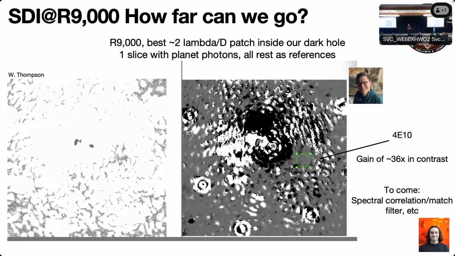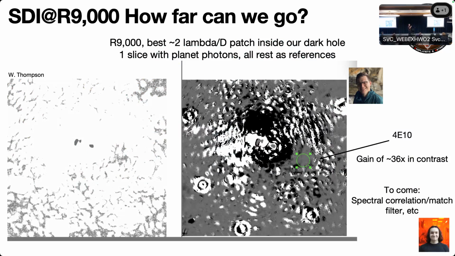Then William, my student, said, okay, let's do something a bit like Jeep is doing, but something way more simple. We have 300 slices in our latitude. Let's assume the planet is bright in one wavelength and has 0 photons elsewhere, and use all the latitude slices except one to build a least squares and try to subtract the speckle.